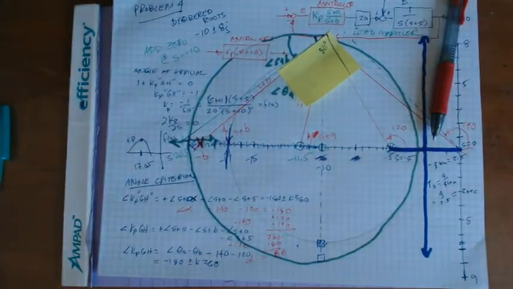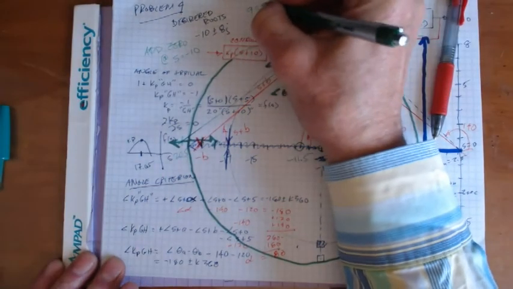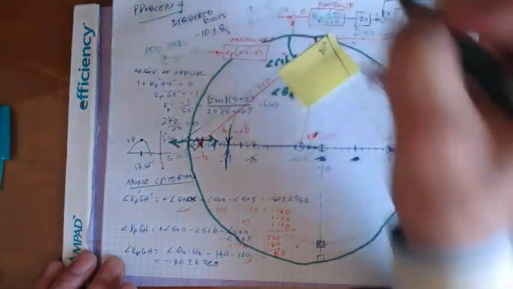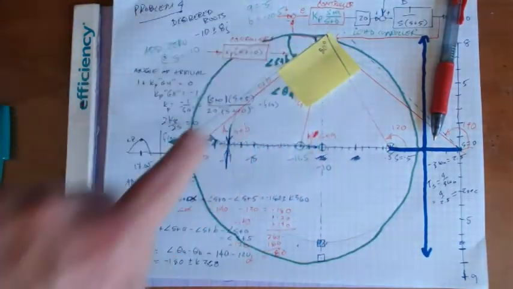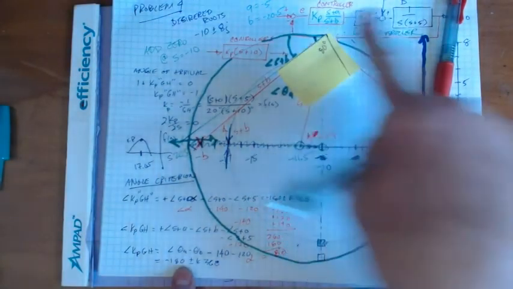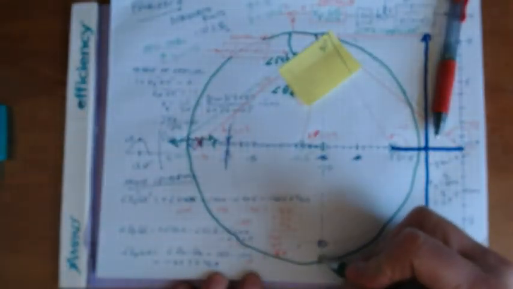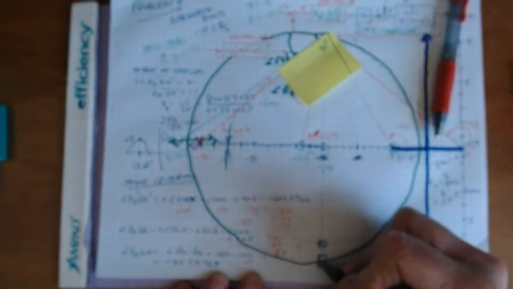And so now what we've done is we've designed our controller where A equals minus 5 and B is minus 20.5. And if we design our lead controller this way, it forces the root locus to go exactly and precisely through our desired root locations in the S-plane.